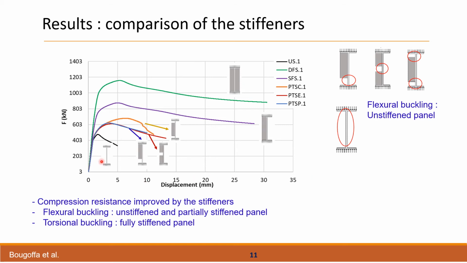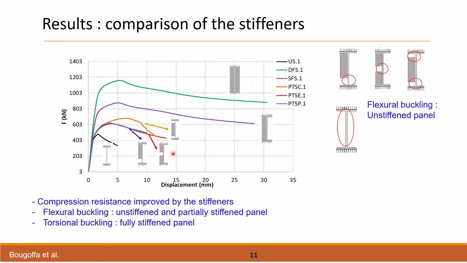The unstiffened panel, which is presented here, has the lowest resistance, with a sharp decrease of load after the maximum value. This characterizes flexural instability with small plastic deformation. The fully stiffened panels, this one and this one, show the highest resistance with failure modes in torsional buckling.